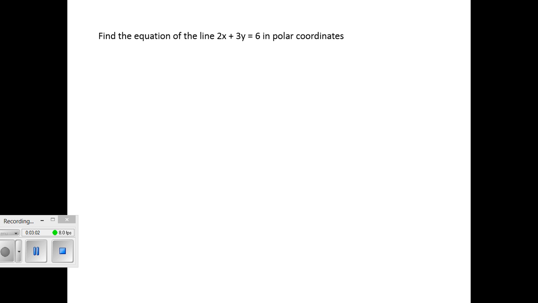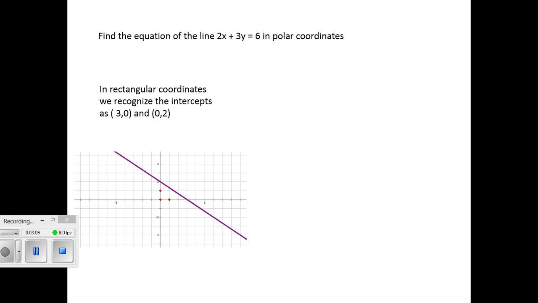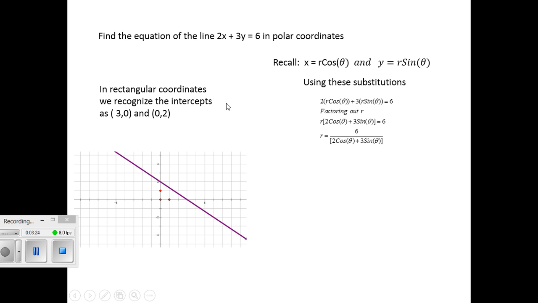A polar equation of a line, as we can see here, we certainly know that that's a line, easy enough to graph. With simple substitution by those properties we saw earlier, x equals r cosine theta, y equals r sine theta, put those in, and the expression turns into 2r cosine theta plus 3r sine theta equals 6.